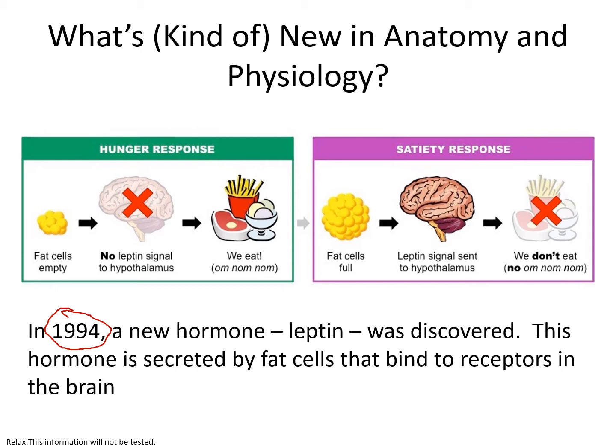When our fat cells are low, leptin isn't secreted as much, therefore we eat. And when our fat cells are filled with fat, they secrete lots of leptin, therefore we don't eat.